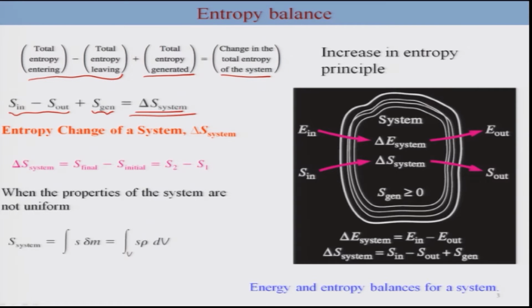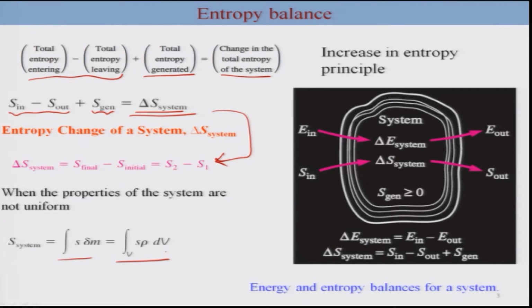This will be the total entropy change of the system, and it is nothing but S2 minus S1, because entropy is a state function, or a property of the system. In case the properties of the system are not uniform, you make use of an integral over the small volume or mass of the system, as we have written for any other properties.